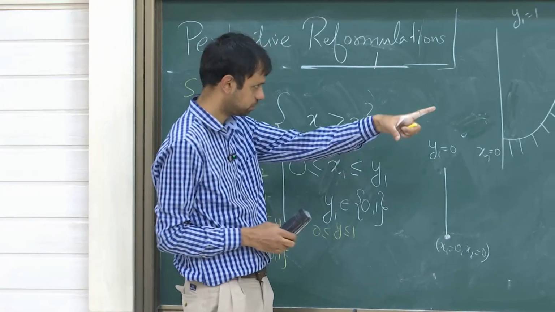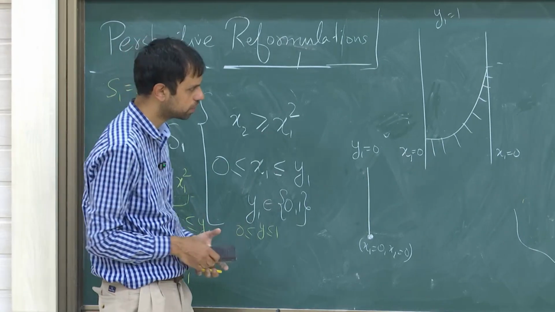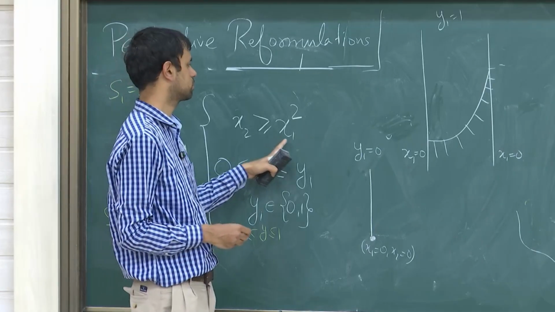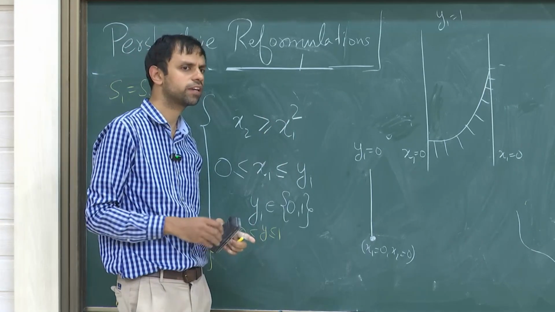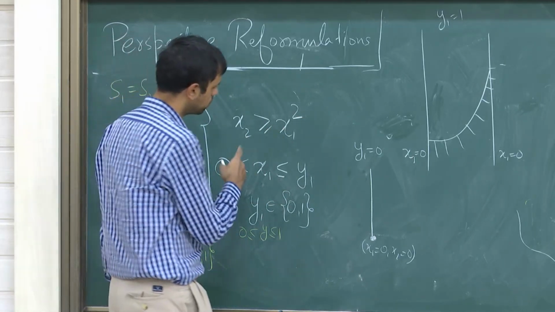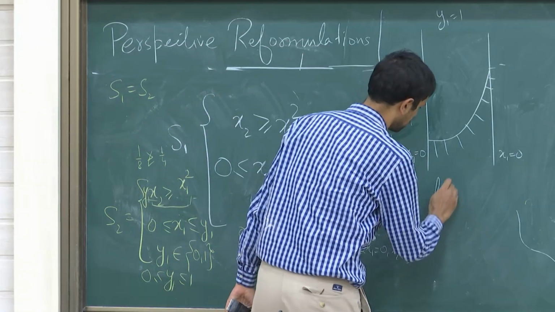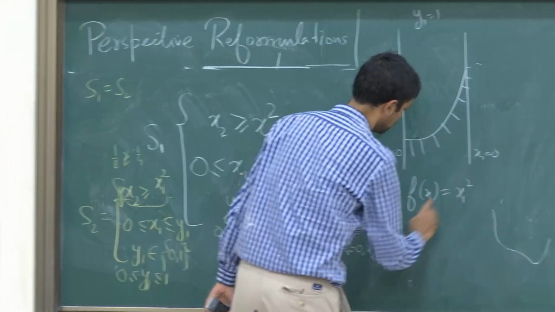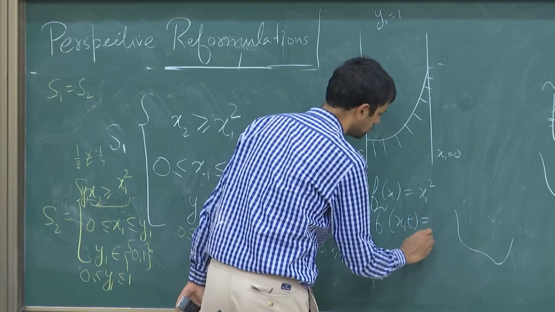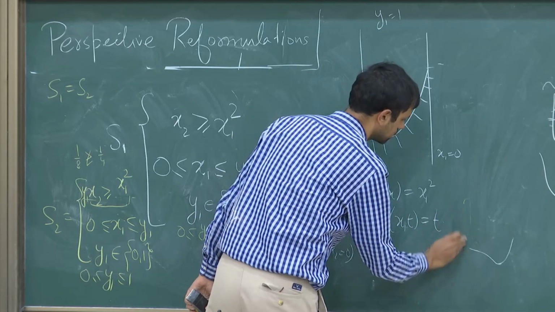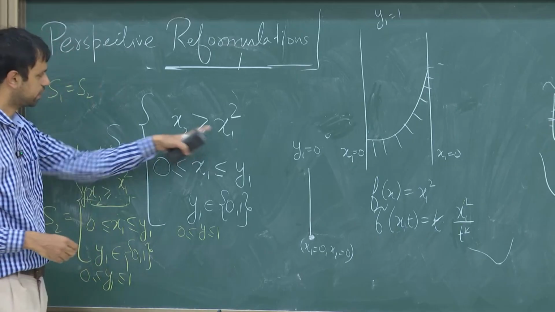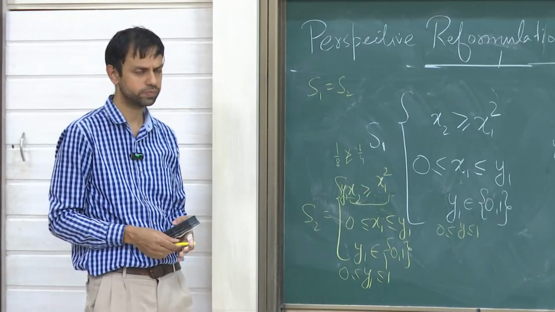If I apply this theorem to this particular constraint, here f(x) is x1 square, and if I apply the perspective to this, then f tilde (x, t) will have the form t times x1 square by t square, so exactly x1 square by y1.